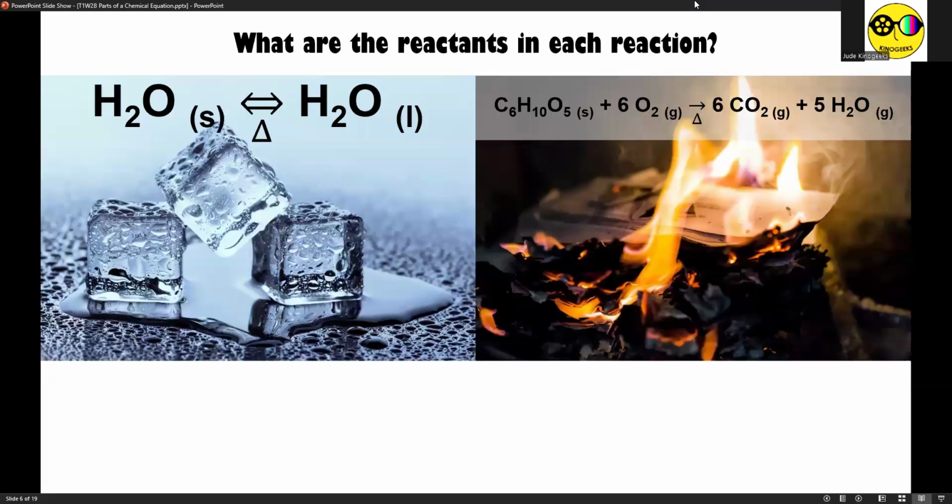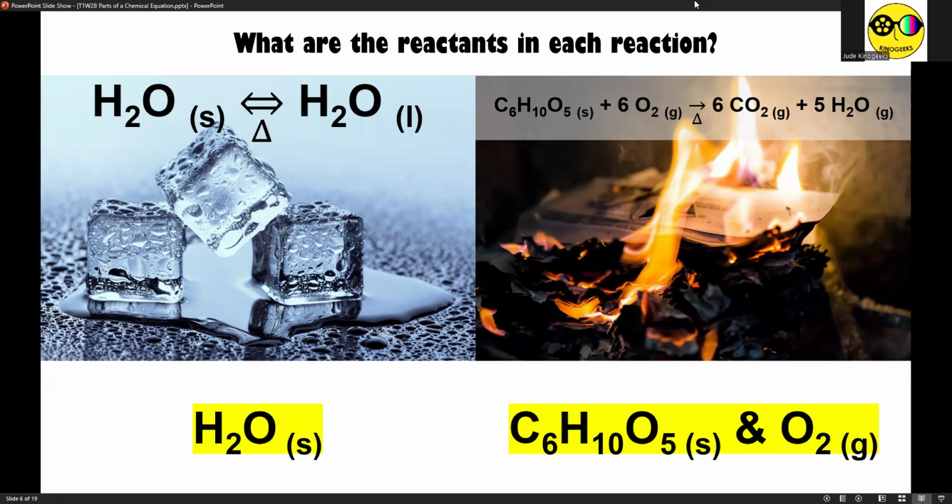So going back to our two sample reactions, for melting of ice, the single reactant is solid water, while for burning of paper, the two reactants are solid C6H10O5, which is cellulose, and gaseous diatomic oxygen, O2.